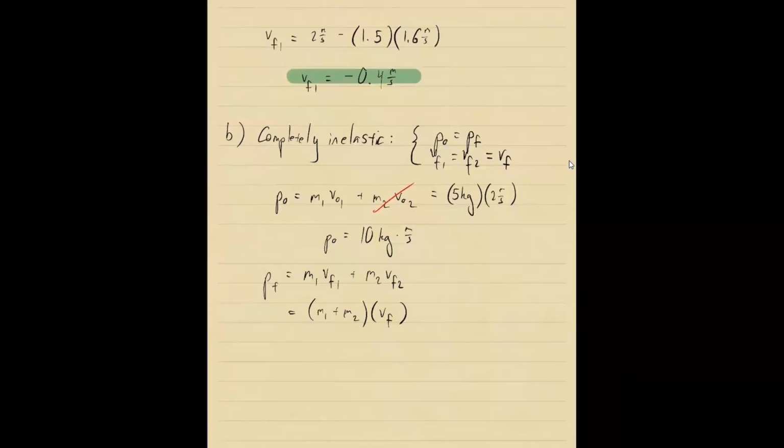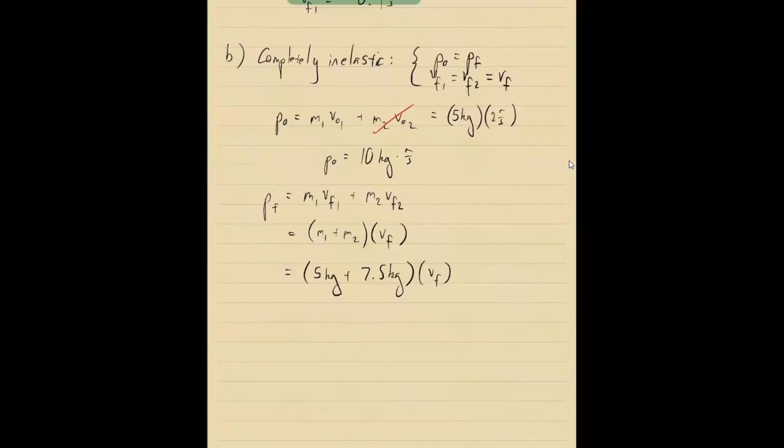In this case, the mass of the first ball is 5 kilograms, the mass of the second ball is 7.5 kilograms. So our final momentum is just 12.5 kilograms times the final velocity of the two balls together.